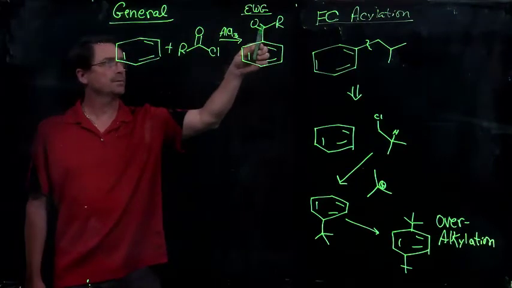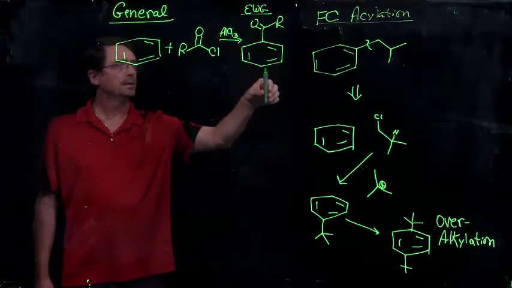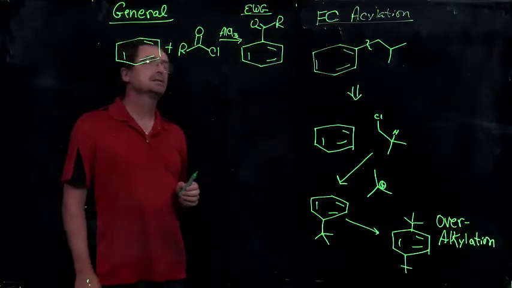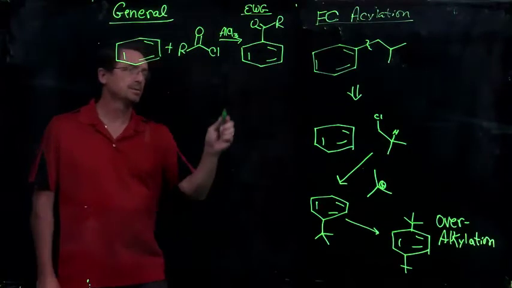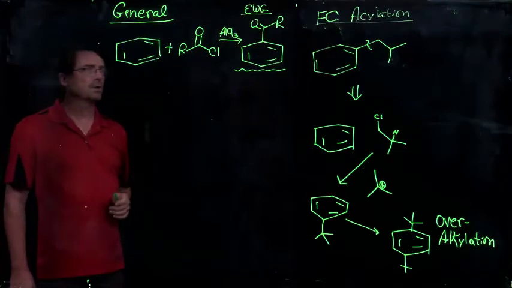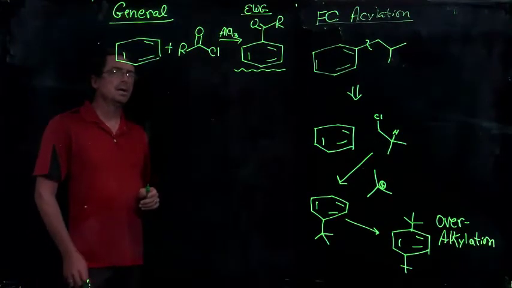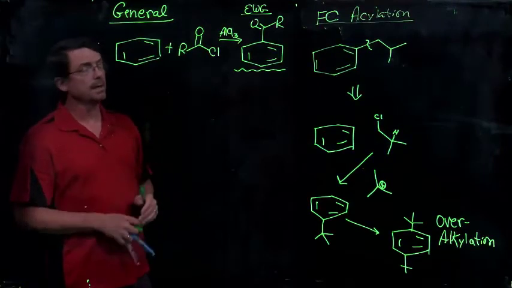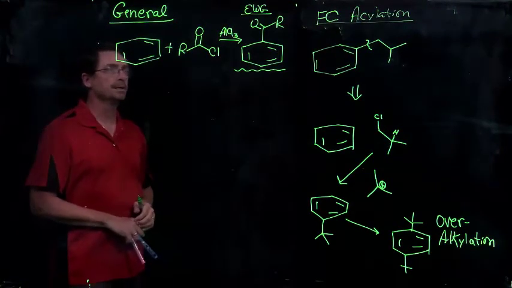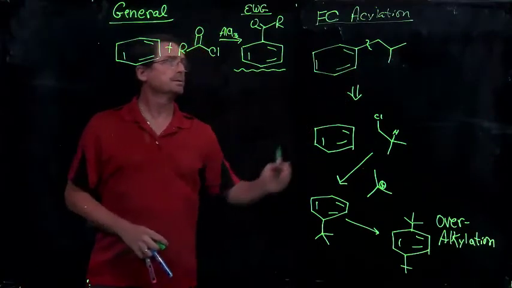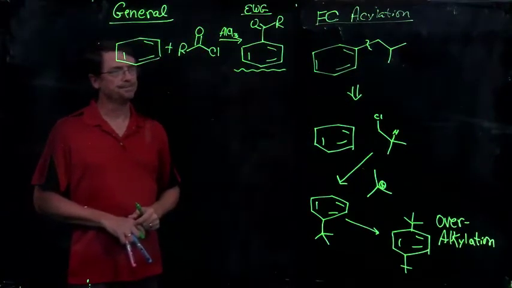So once we have the carbonyl on one time, then it's much more difficult to put the second carbonyl group on, so we can achieve selectivity in these systems. So this compound doesn't have the overalkylation product, and because of the carbonyl, and we'll see the cationic intermediate that's formed in just a minute, it doesn't have rearrangement issues either, and will allow us to install an isobutyl group.